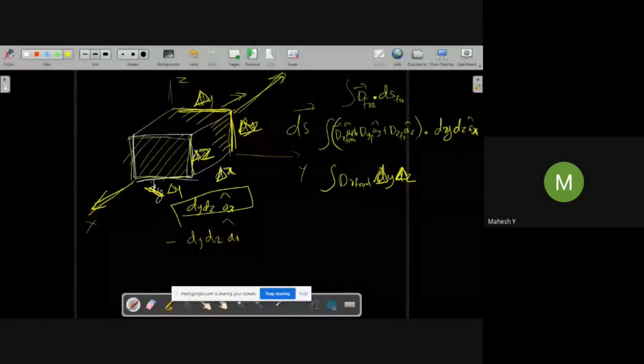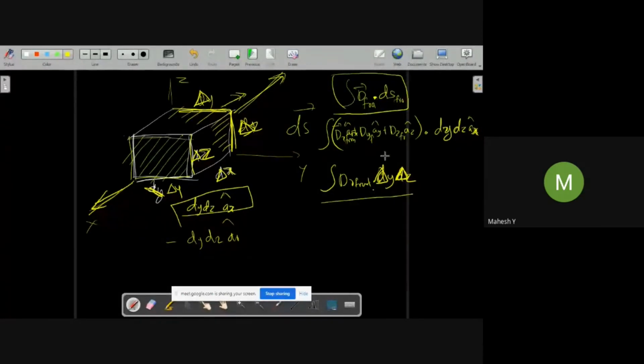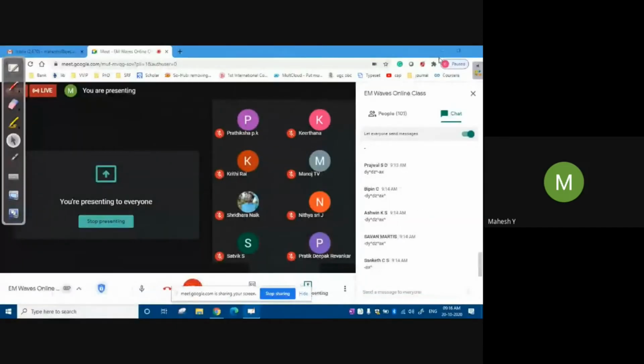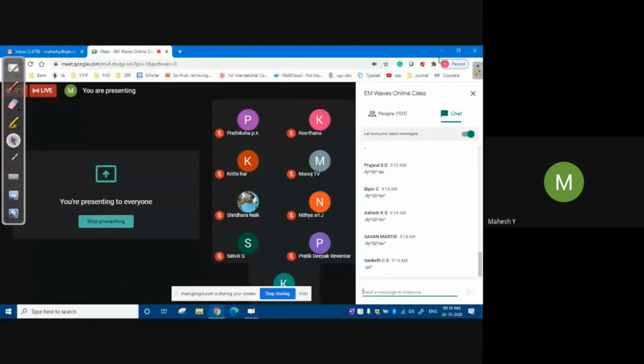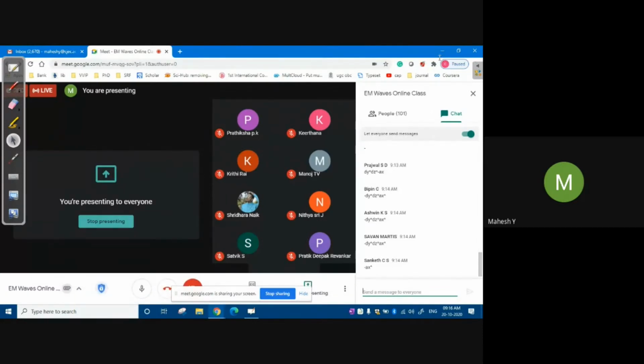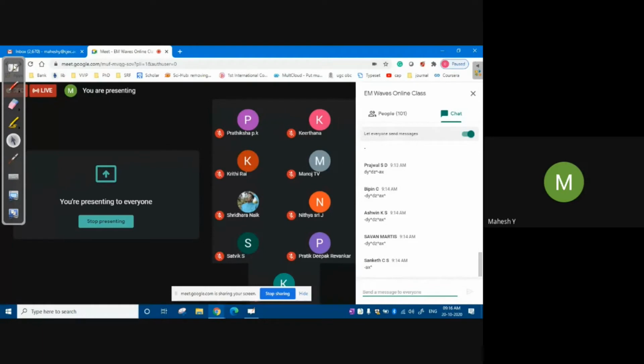Okay, so what is left for the front integral, this is only the front part, is Dx front delta y delta z. Is this clear? Any doubt in this one?